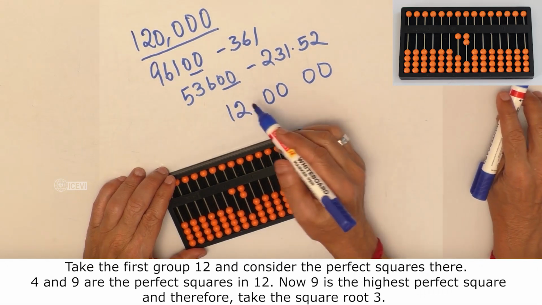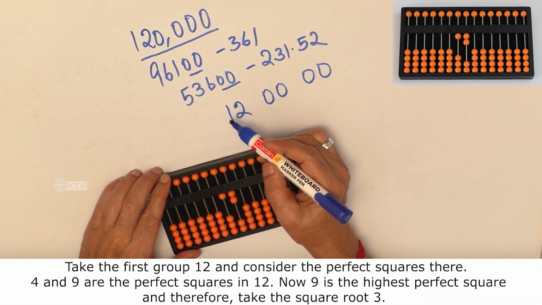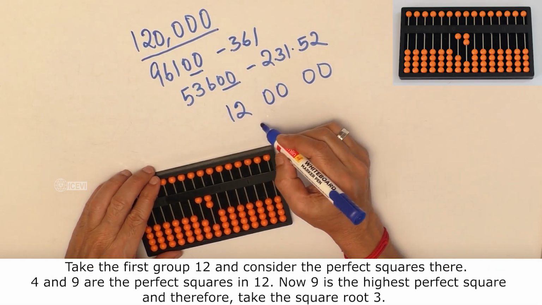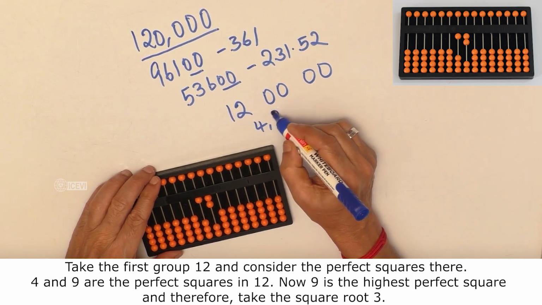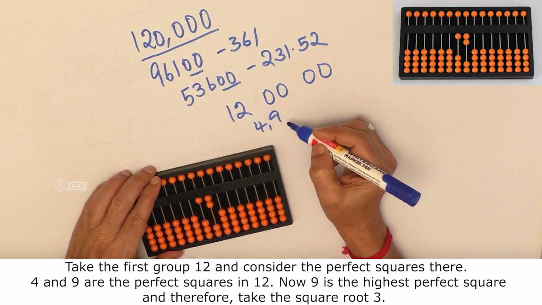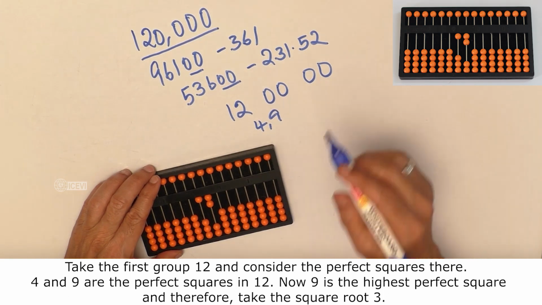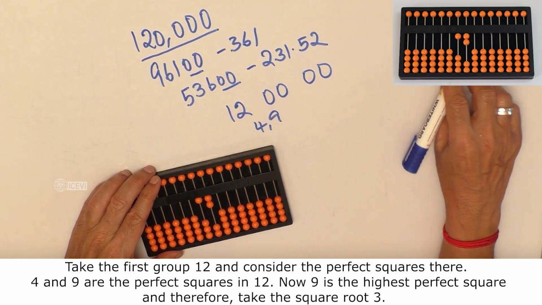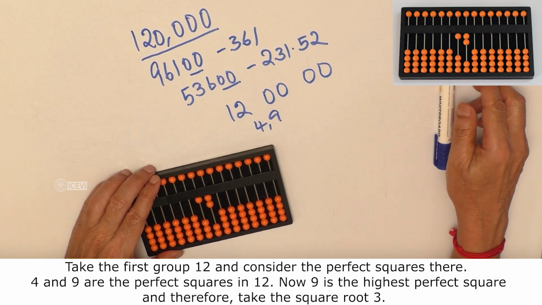Take the first group, 12, and consider the perfect squares there. 4 and 9 are the perfect squares. Now, 9 is the highest perfect square, and therefore take the square root 3.